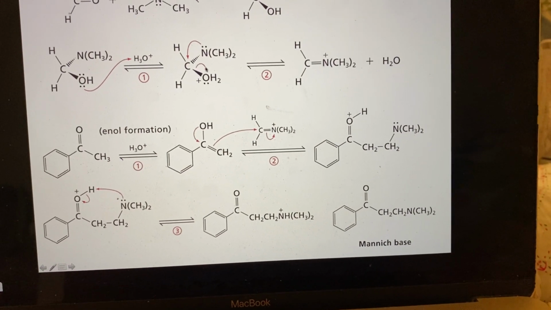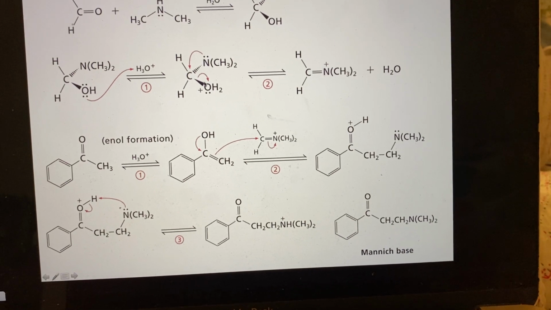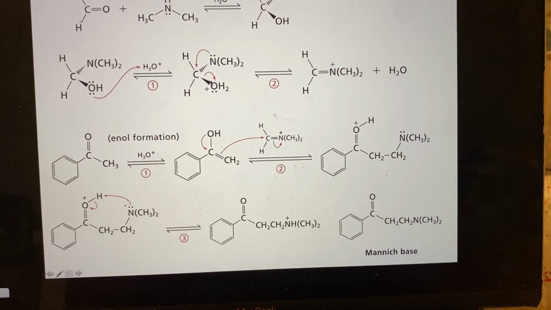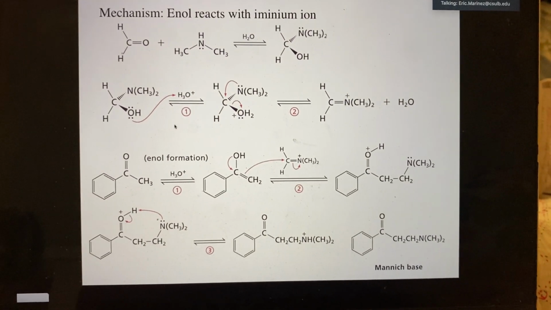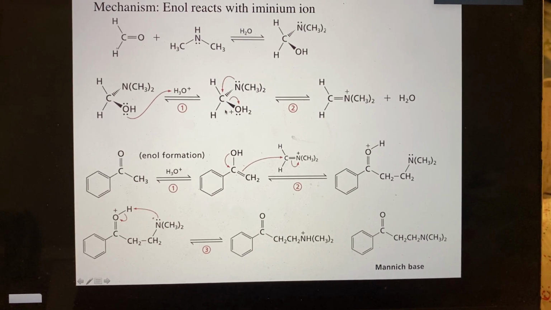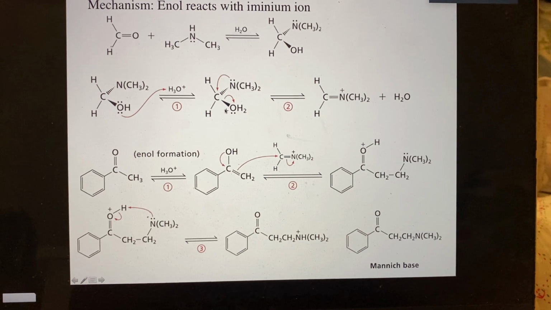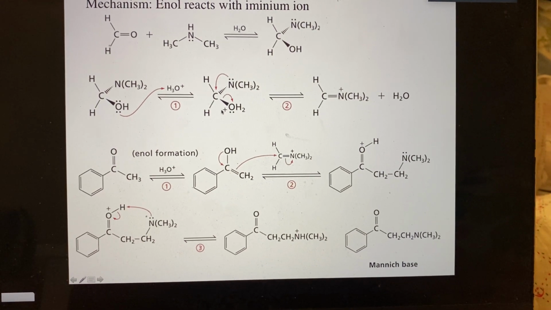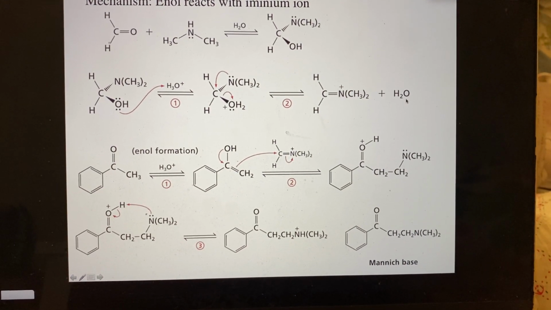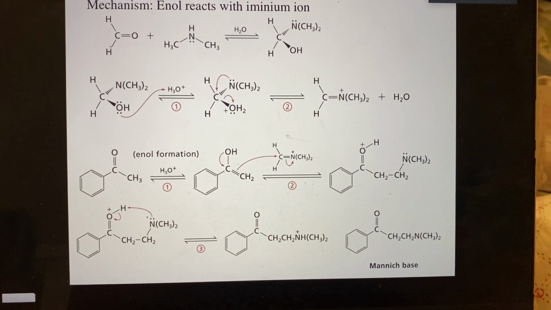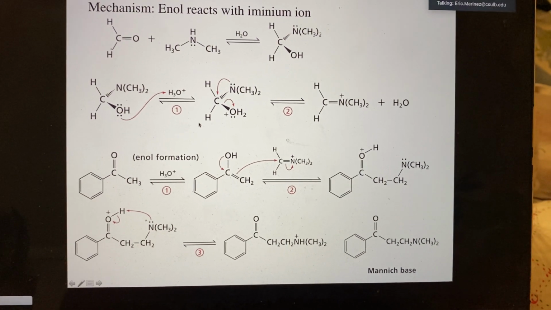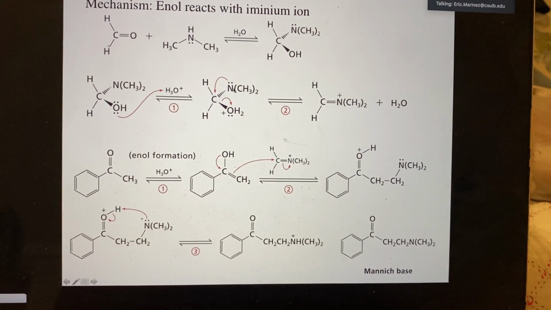But what I want you to start to see is another process: anytime you protonate a species here, you made a system that has a positive charge. And once you have a positive charge, that becomes a good leaving group because it leaves as a neutral species. So another way to look at this: yes, we protonate this, yes, it's a good leaving group.